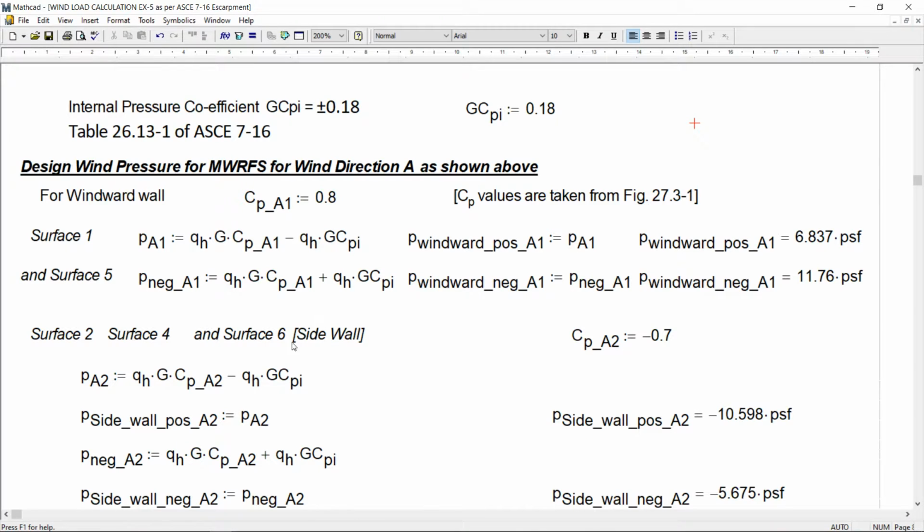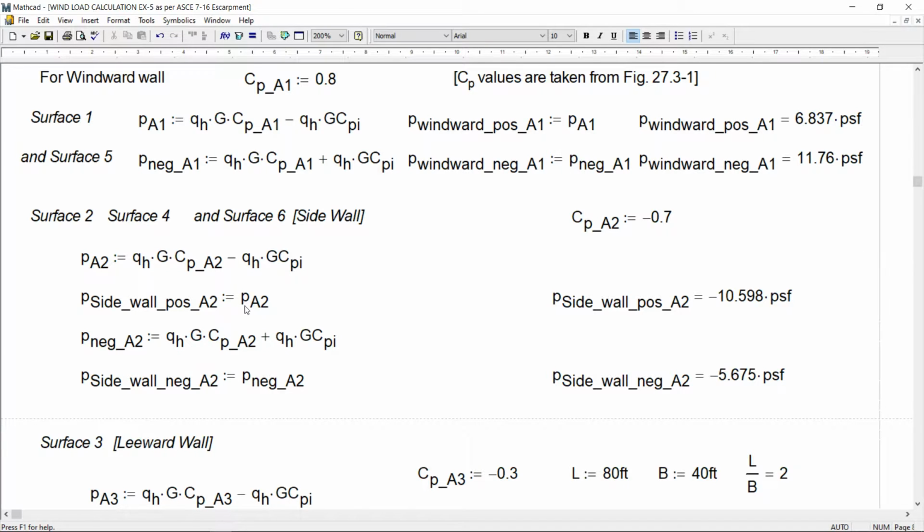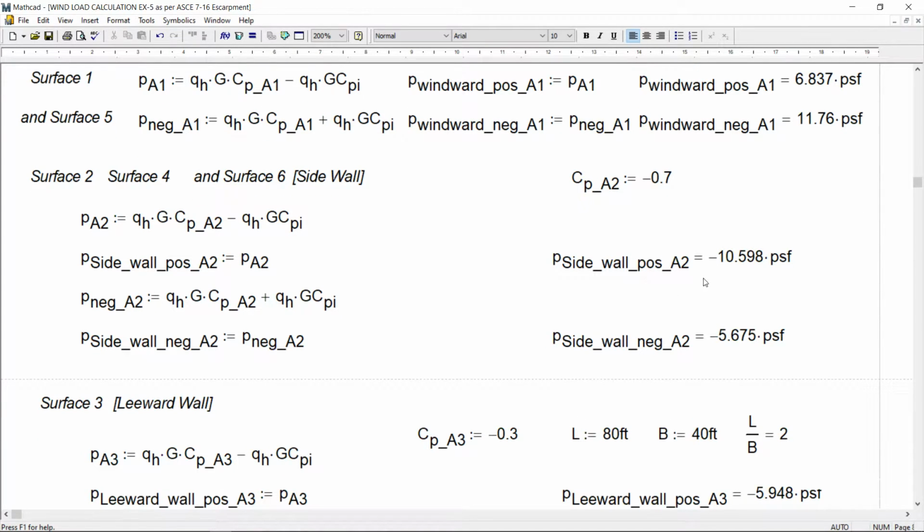So I'm using this 0.7 with the same equation, and my answer for positive pressure comes out to be minus 10.598, and for negative, when I am taking the value of GCpi negative, it comes out to be minus 5.675.